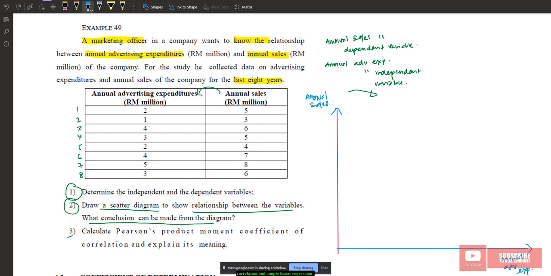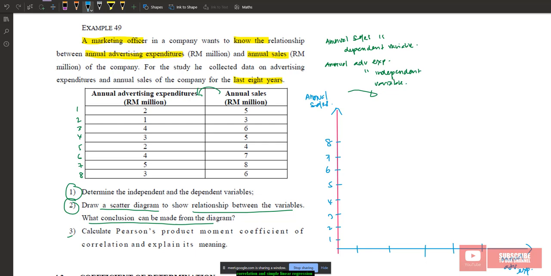So for annual sales, the largest number is 8. So let's say 1, 2, 3, 4, 5, 6, 7, 8. This is 1 million, 2, 3, 4, 5, 6, 7, and 8. And this is 1, 2, 3, 4, 5.